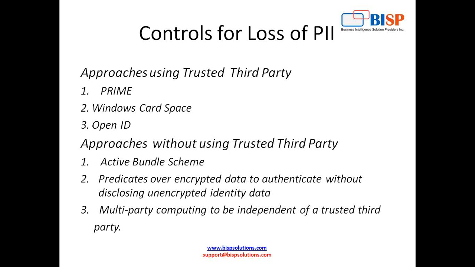What are the other controls for data breach? The popular controls include fragmentation. What is a fragmentation technique? It takes sensitive data and breaks it into insignificant fragments. That means an individual fragment does not give any significant information by itself, but all the fragments together, when combined, give significant information. Then the fragments are scattered in a redundant fashion across different sites over distributed systems.